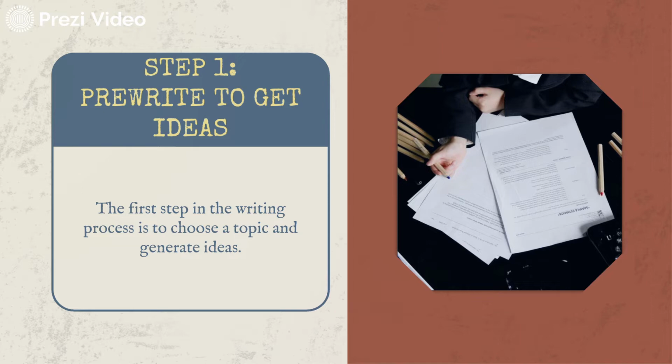The reason why we call this step pre-write is because you do it before you begin writing. Even if a topic has already been assigned, you will still need to generate ideas about it in order to decide what you want to write.